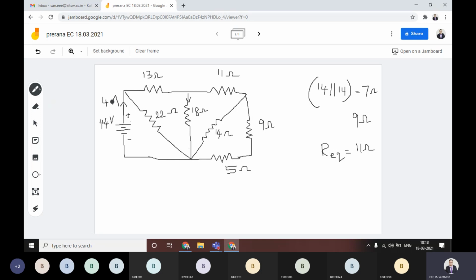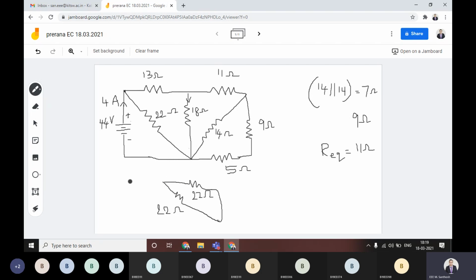This is actually 4 amps. Then 4 amps is actually going into 2 resistors. Suppose this resistor is 22 ohm as it is given, and another resistor also connected in parallel, that is also 22 ohm. Just now we have calculated, right? This is also the equivalent 22 ohm.